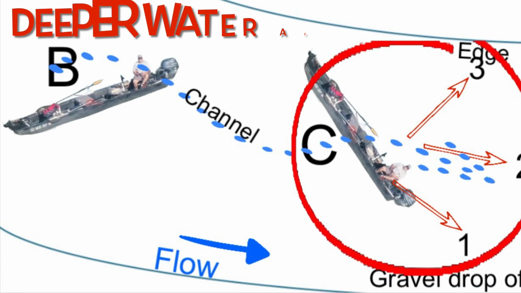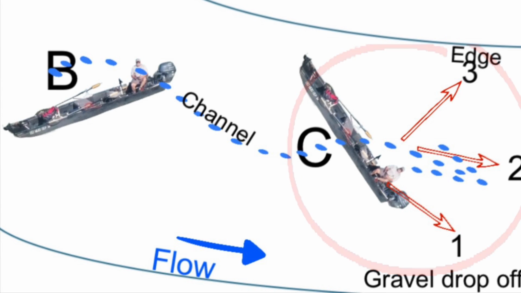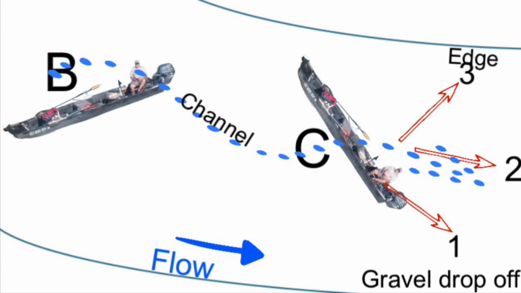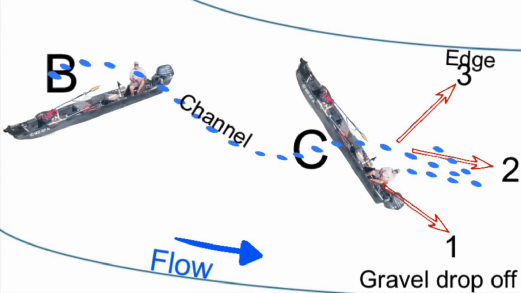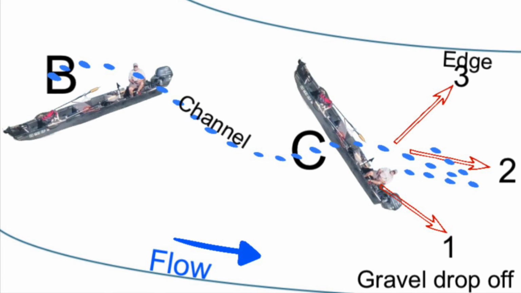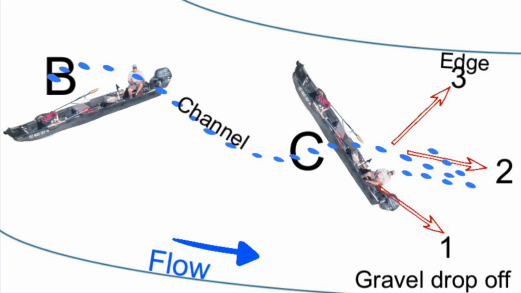Now notice as the boat is drifting down, I'm changing the boat's position relative to the curve of the river and giving me optimal casting toward the edge and the channel. And then also in this case, this is at the end of the shoal, dropping off into the deeper water.